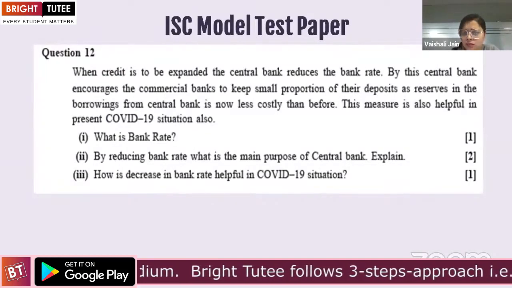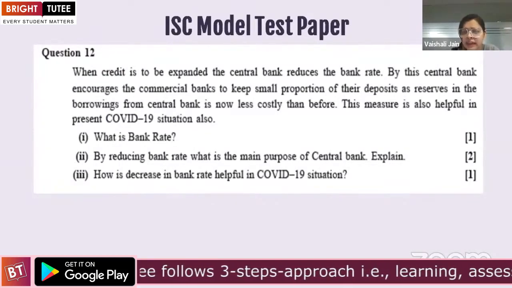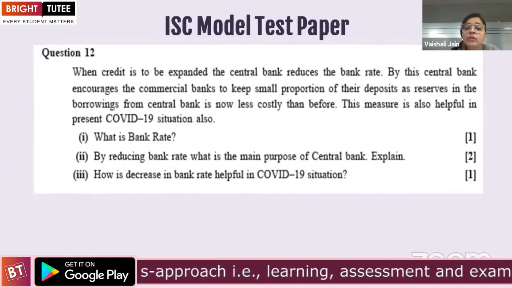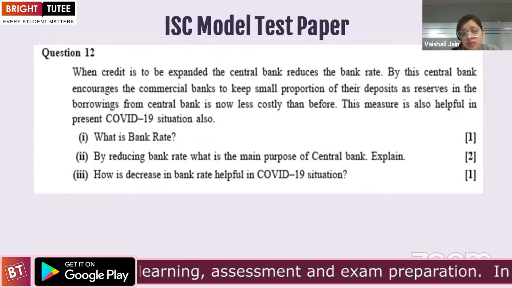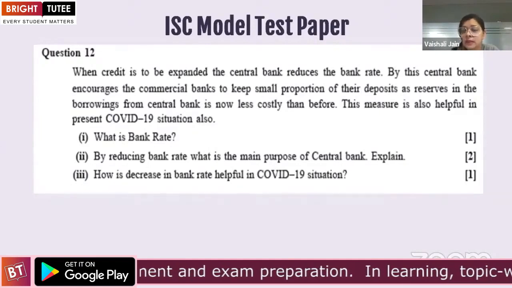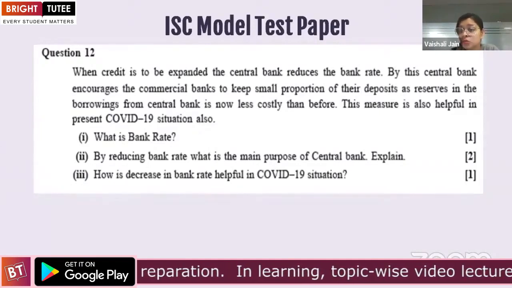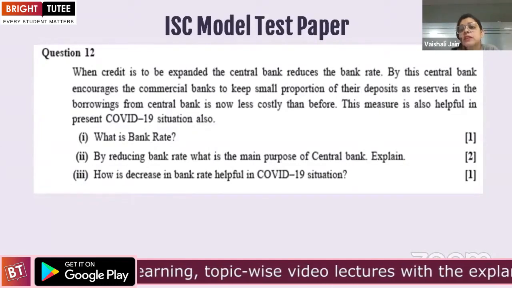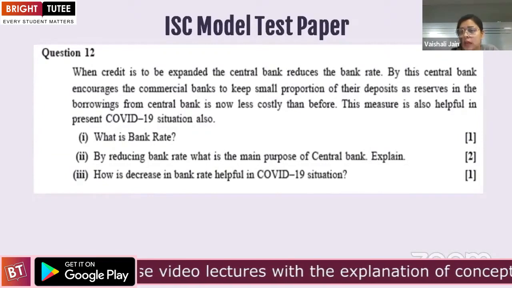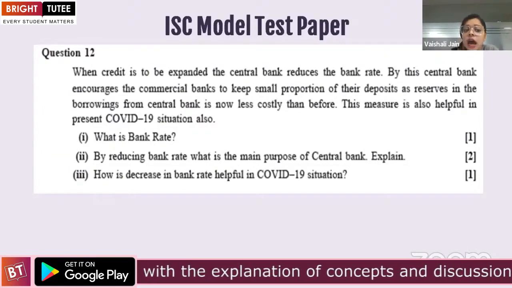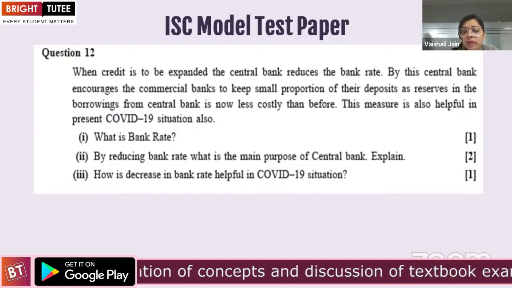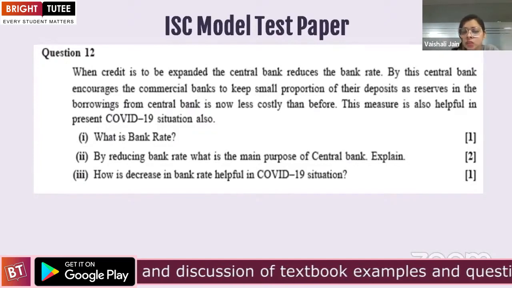So the child has to explain what is bank rate, the rate of lending, a long-term rate. By reducing bank rate, what is the main purpose of the central bank? To increase the money supply. Now you have to see, this is a 2-marker question. The child is going to explain it in a proper manner as per the word limit. So how is a decrease in bank rate helpful in the COVID-19 situation?